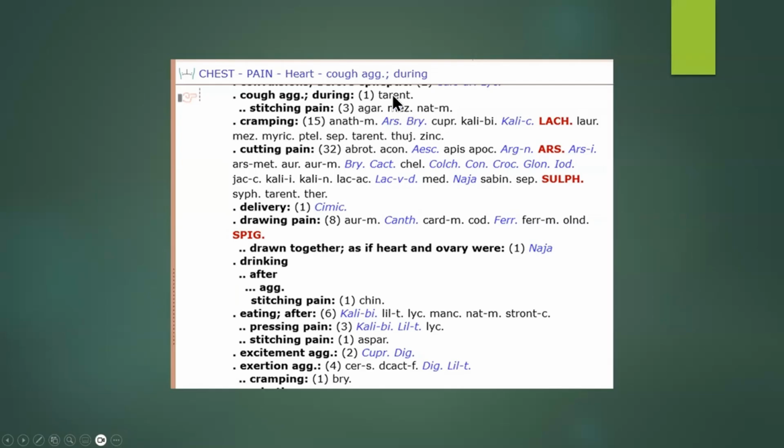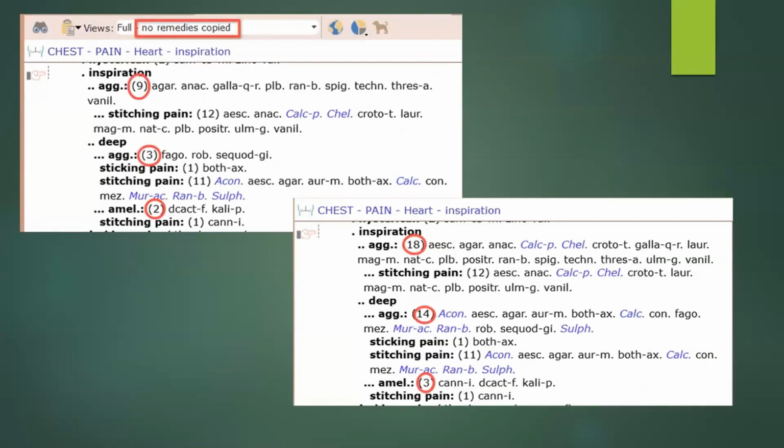So you expand the pain in the heart when it's aggravated from cough. And the eating the same. You see 6 remedies, but look here, there is Asparagus, which is not in the main rubric. So we said we have to do it all through the repertory. We first did it for all the pain sections and then eventually for the whole repertory.